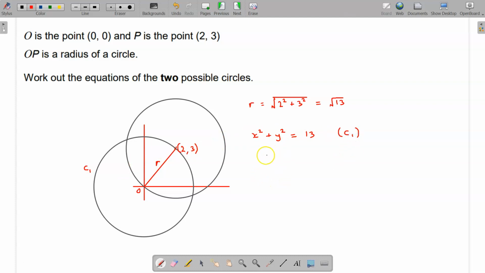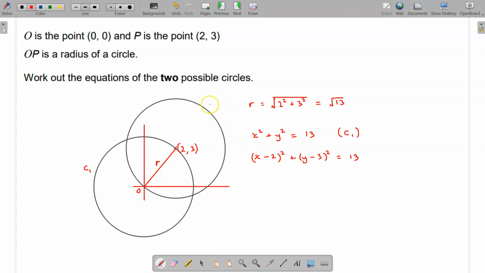The other possibility is circle 2, and that's simply displaced by 2 to the right and 3 up. So the equation of that would be x minus 2 squared, okay, plus y minus 3 squared equals 13, because it has the same radius.